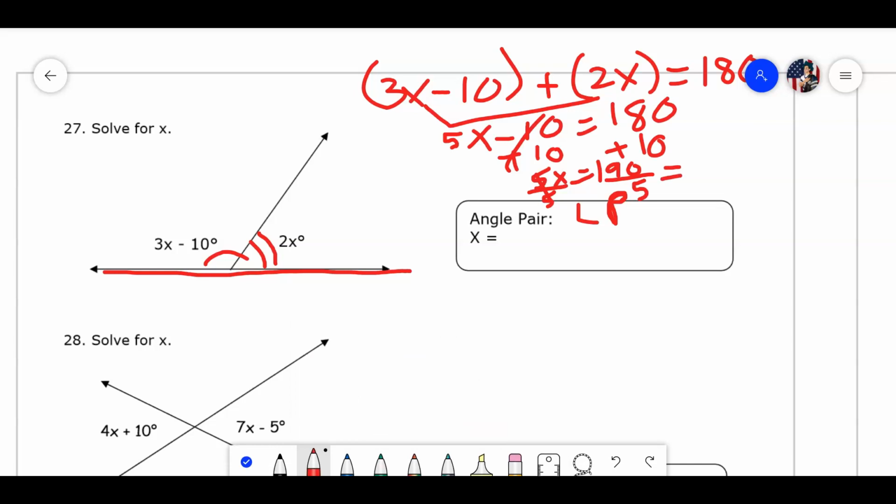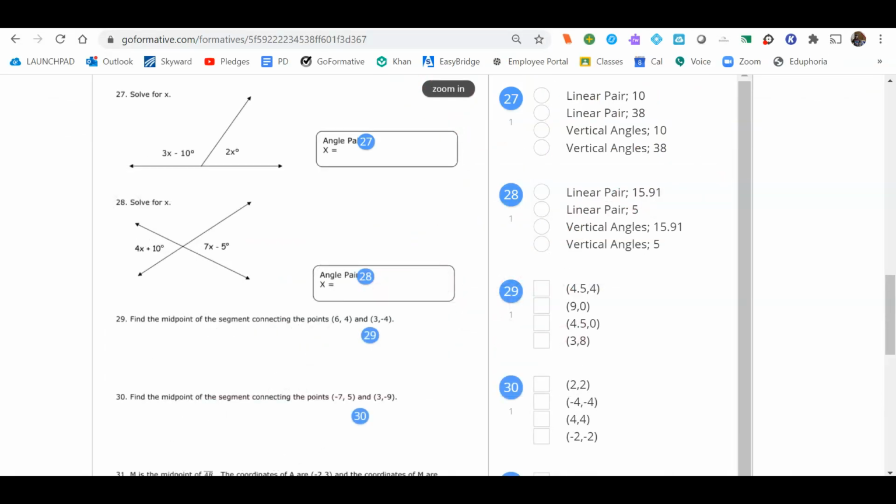This is where you can use your calculator. You can either go to desmos.com or you could use your phone calculator. 190 divided by 5 is 38. So x is 38. So they're a linear pair and x is 38. So for number 27, linear pair, x is 38.